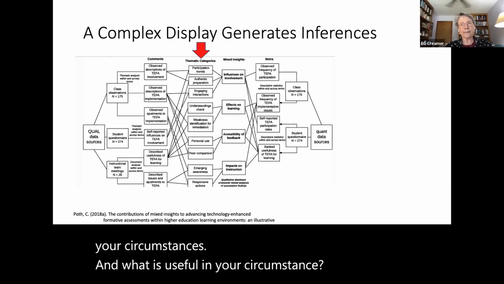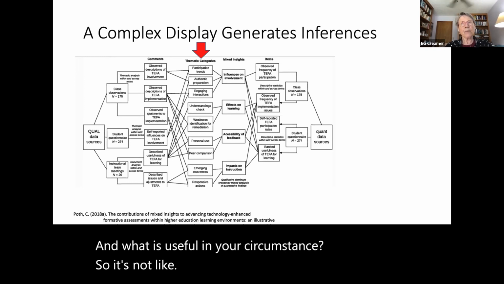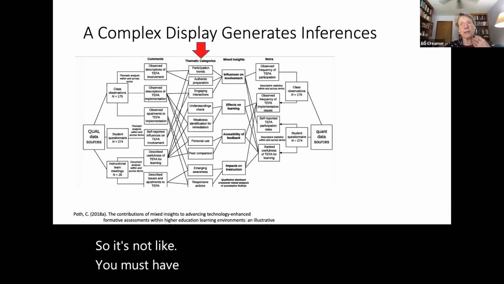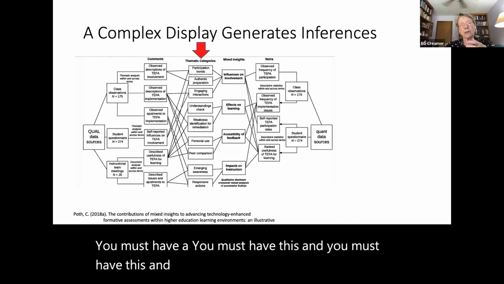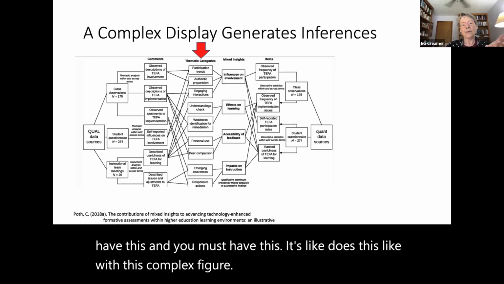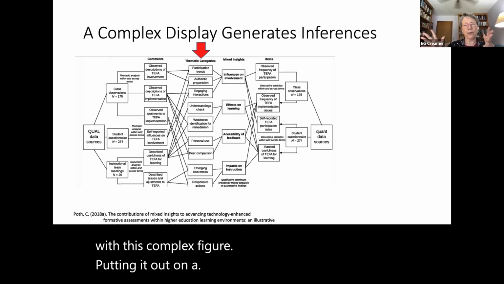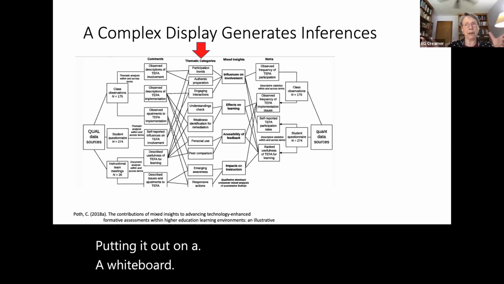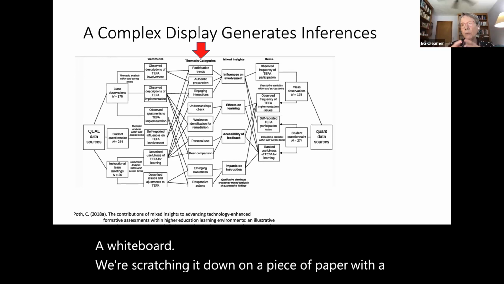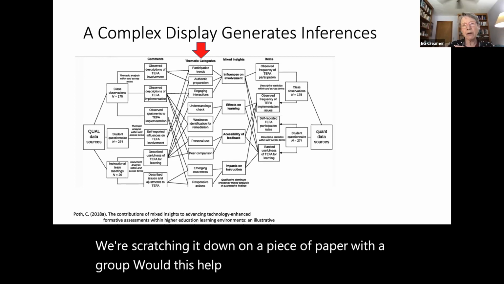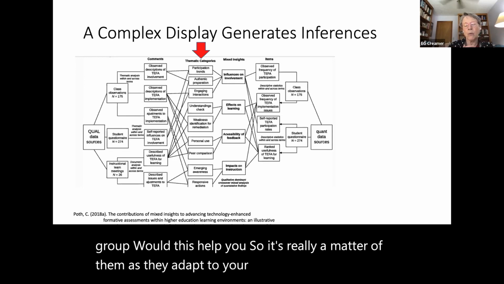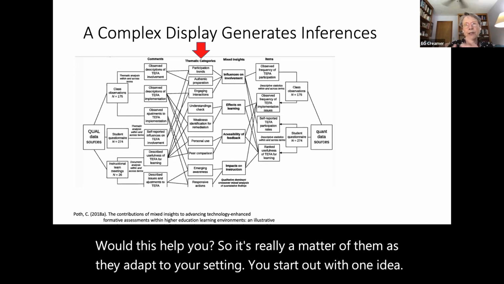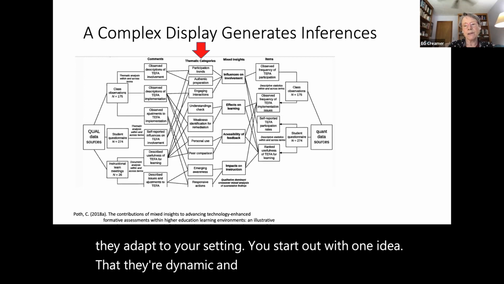So it's not like you must have this and you must have this and you must have this. It's like, with this complex figure, would putting it out on a whiteboard or scratching it out on a piece of paper with a group help you? So it's really a matter of adapting to your setting. You start out with one idea, but they're dynamic and they progress.